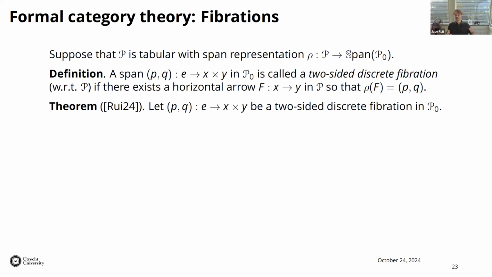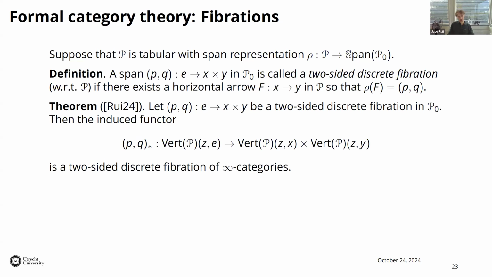way. So something that you can show is that if you start with some two-sided discrete fibration in this vertical category P0, then it's always co-representably a two-sided discrete fibration of infinity categories.